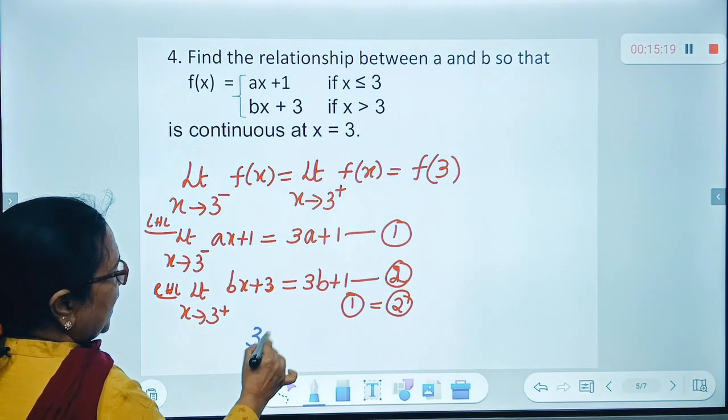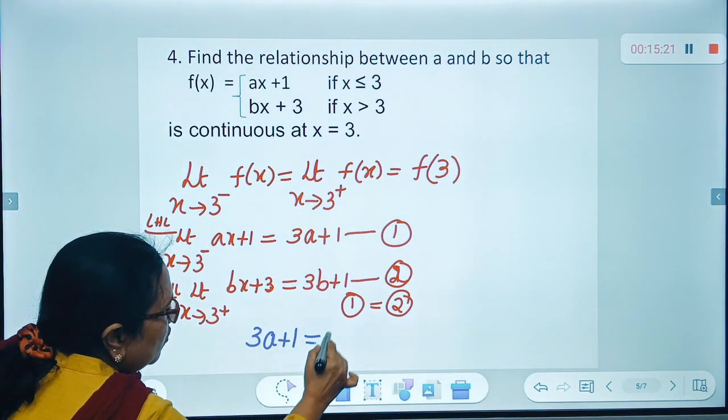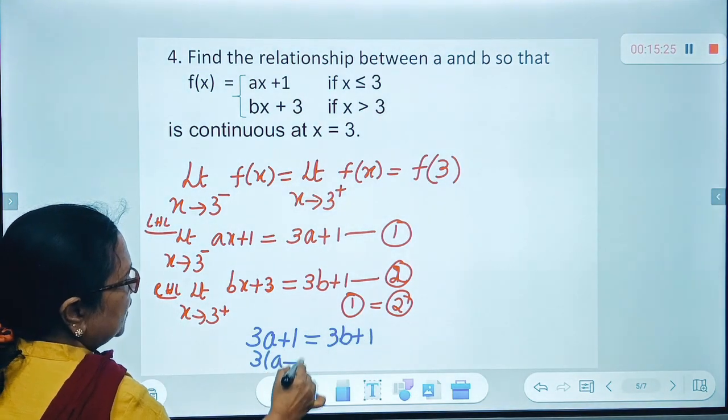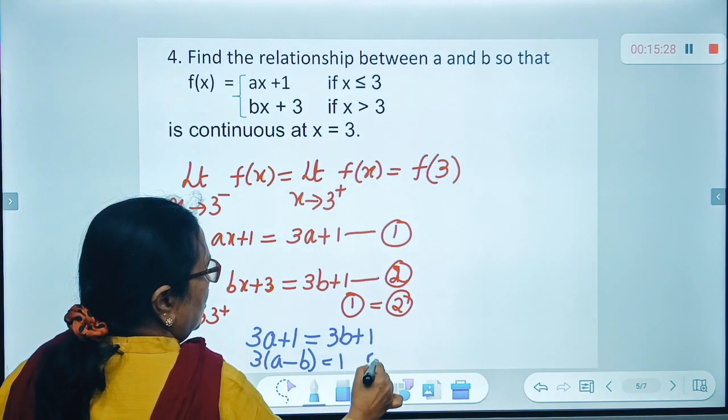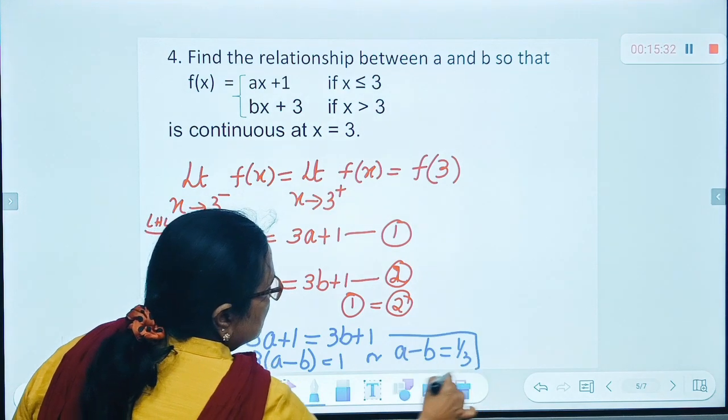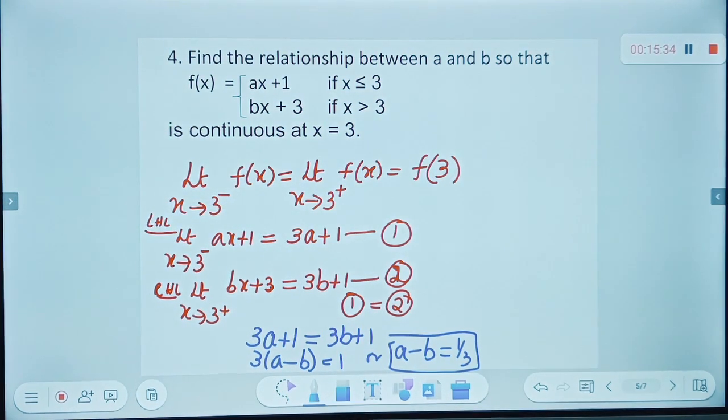Therefore, 3a plus 1 is equal to 3b plus 1, or 3 into a minus b is 1, or a minus b equal to 1 by 3. So this is the relationship between a and b if f needs to be continuous at x equal to 3. Is it clear?